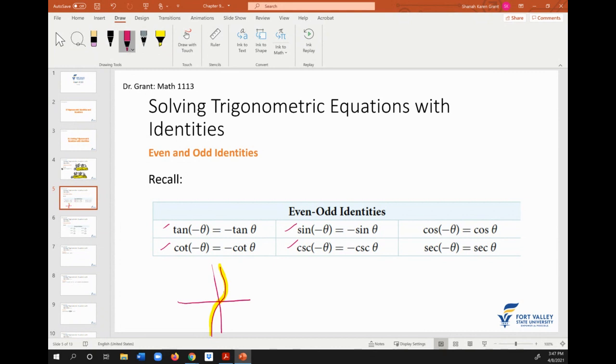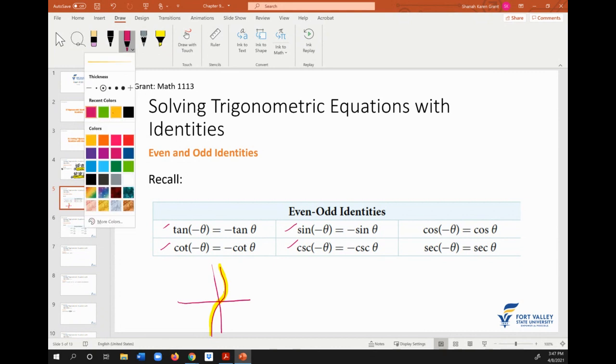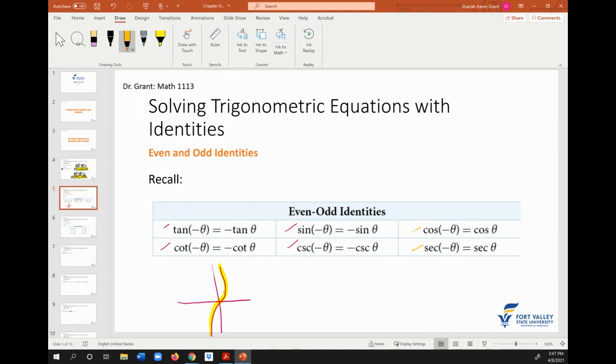Now we only have two even ones, and those are going to be your cosine and your secant. And if you think about a cosine graph, if we were to translate it, you'll see that what's on the left is going to be on the right.